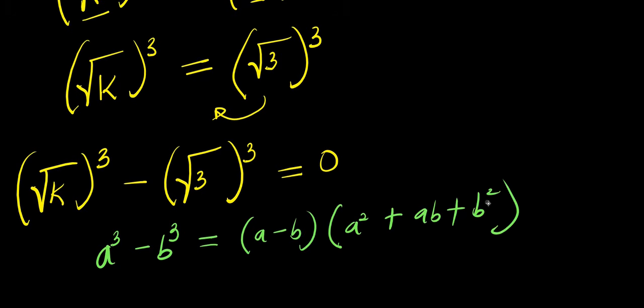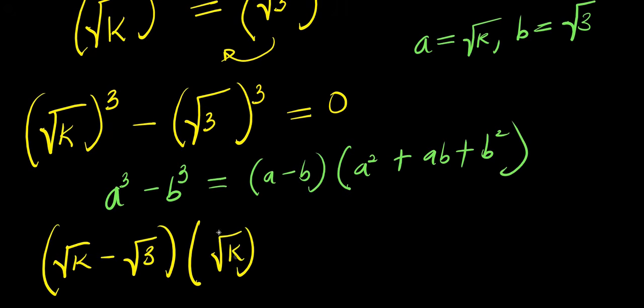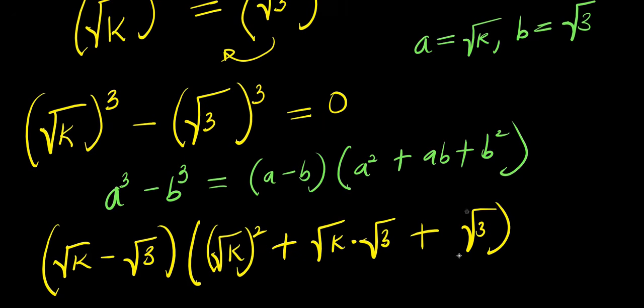And in this case, our a is root k and b is root 3. So let's insert that right here. We have root k minus root 3, that is a minus b, times root k to the power of 2 plus root k times root 3 plus root 3 to the power of 2 equals 0.